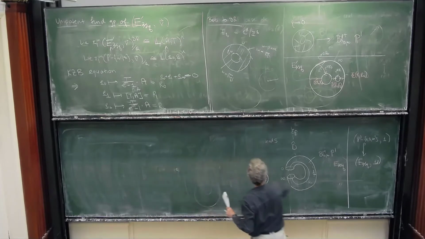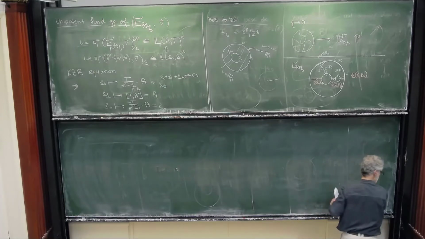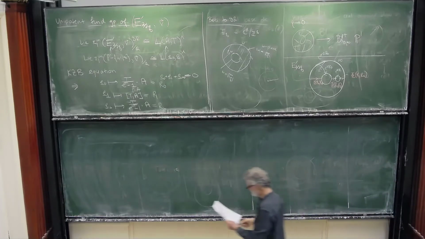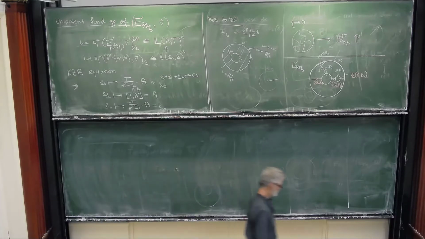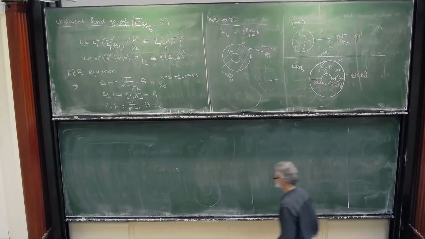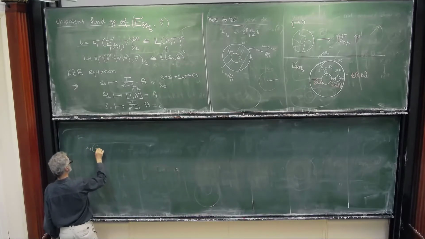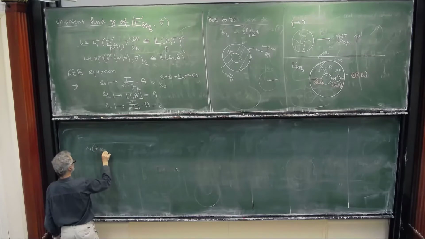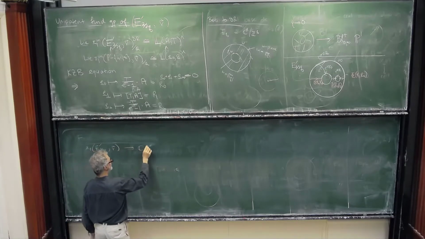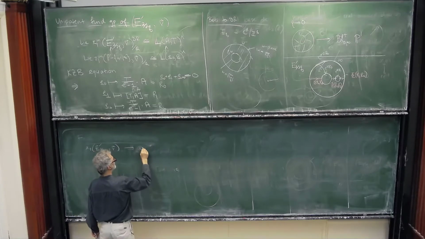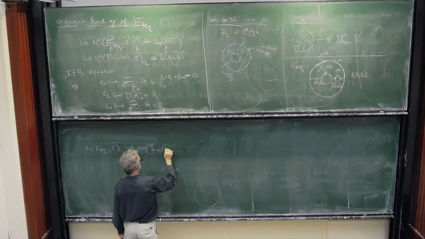Whoa, time is flying. All right, so this gives a map from pi 1 of E, D, DQ prime v. It gives a map into C, in fact into the group like elements of the complexified Lie algebra of a and t.